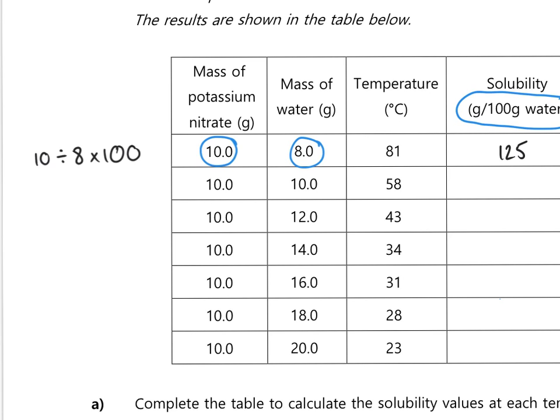Do it for the next value then. Again, we're doing 10 grams divided by our mass of water, which is 10, and then times by 100, which gives us 100. The next one, exactly the same: we're doing 10 divided by 12 and then times by 100.